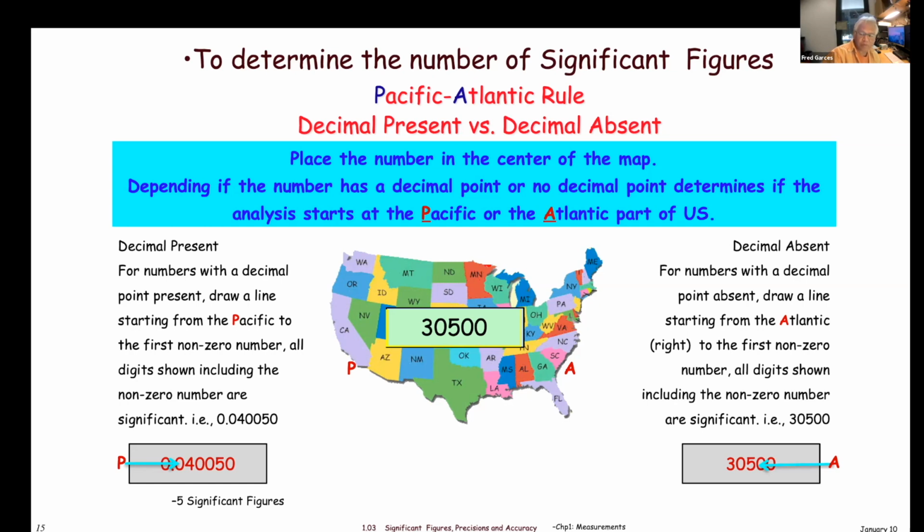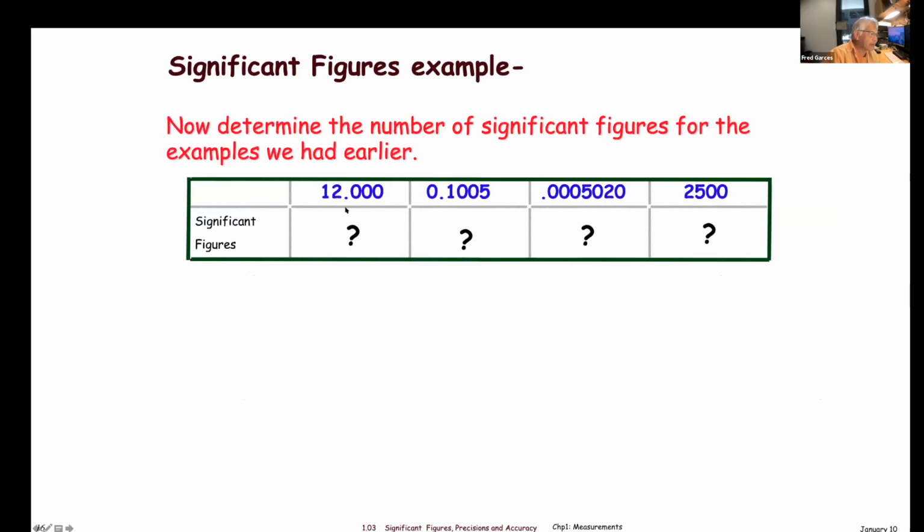If you remember that, you will always know. This has a decimal, so you draw a line from the left. It's got 1, 2, 3, 4, 5 significant figures. This number has a decimal. You draw a line from the left. The first non-zero is 1. There are 4 significant figures. This number has a decimal.